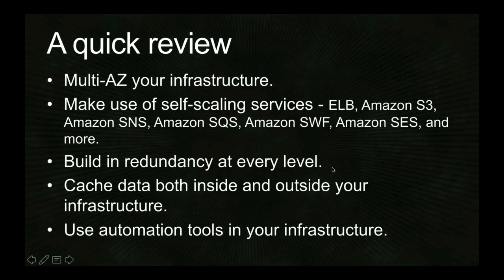Build in redundancy at every single level. Identify any single points of failure and get rid of those, following our best practices. Use caching anywhere you can. Caching always helps in all the layers of your stack. And automate everything. Don't do things by hand more than once. It's not a good thing. Automation gives you reliability, repeatability, speed, etc. and just makes your life easier.